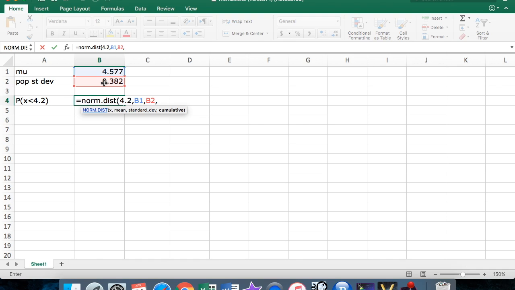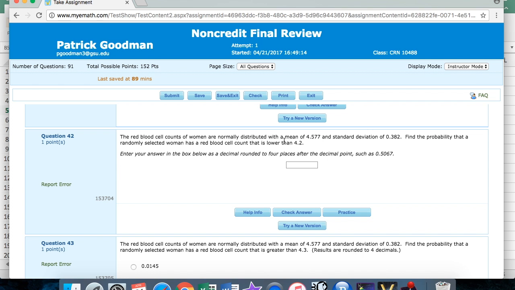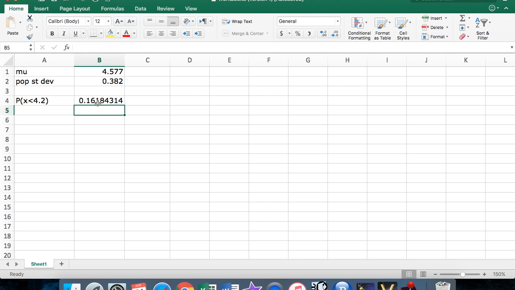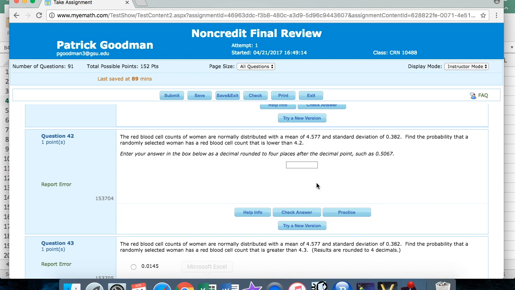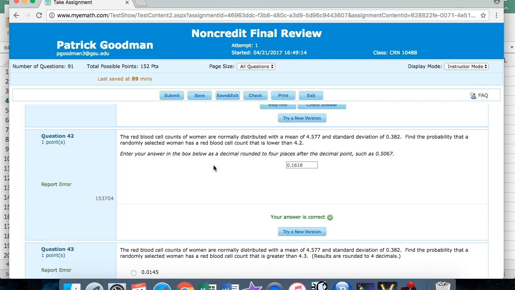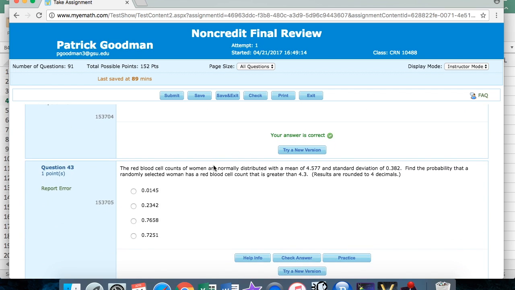And then cumulative, it's always 1. All right, and the probability was lower than 4.2, so this is it. Copy this over, throw it in, and 4 places: 1, 2, 3, 4. Then don't round up. Okay, so check answer. And there we go.